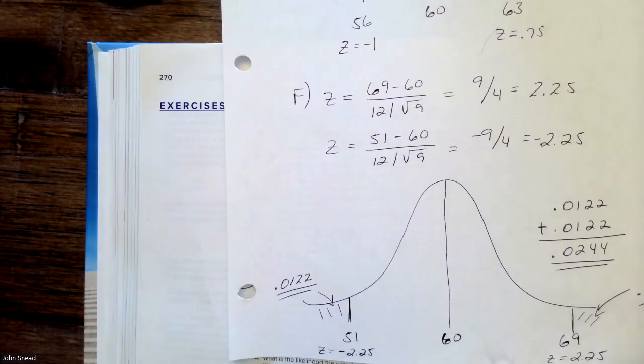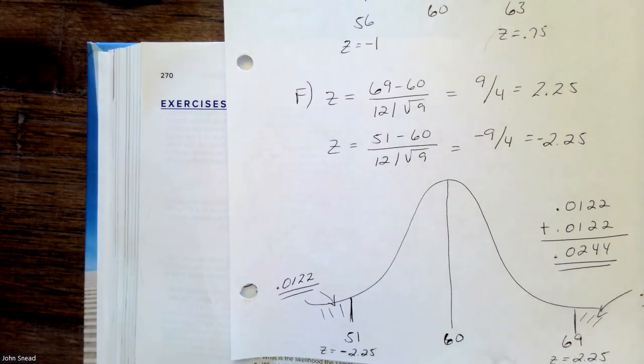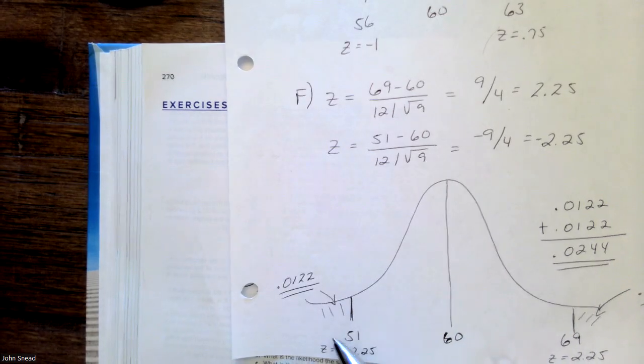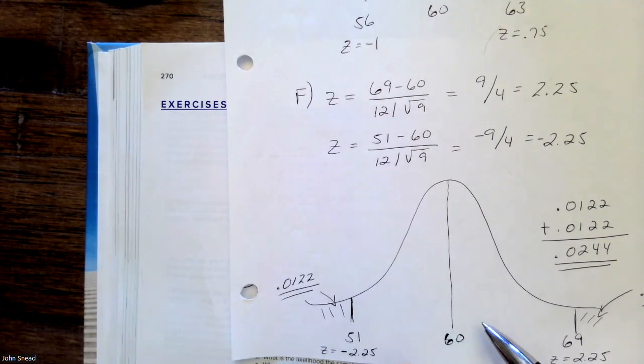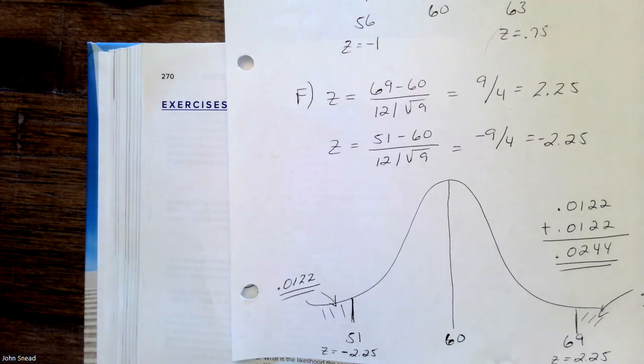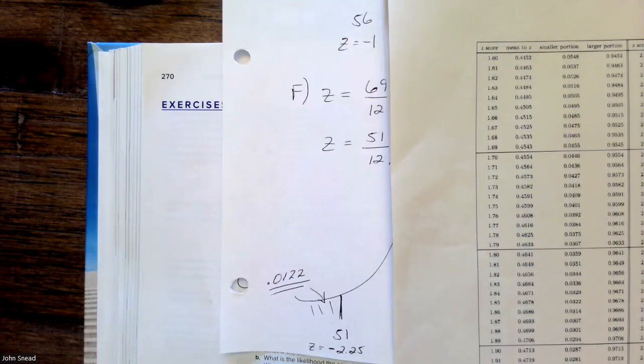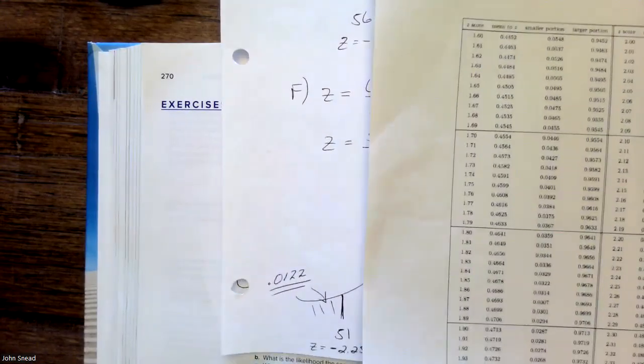If we want to find the area outside of the area between 69 and 51, we can either take this area and this area, add them up and subtract from 1, or we can just look at the smaller portion for 2.25. So for 2.25 on the z-distribution, we get a smaller portion of 0.0122.